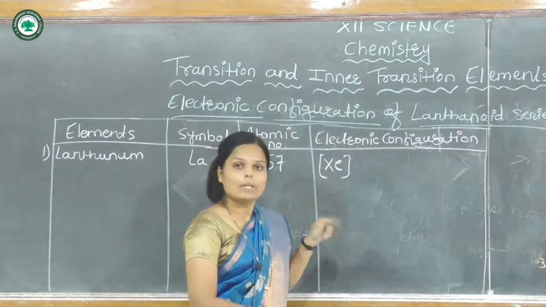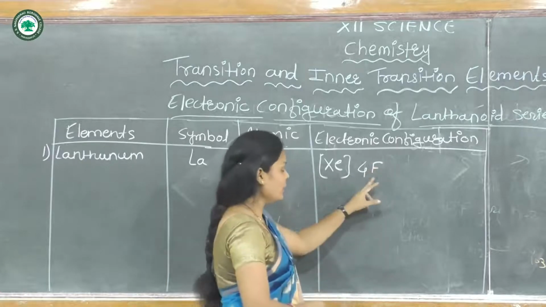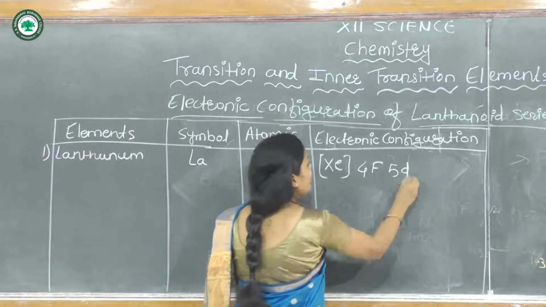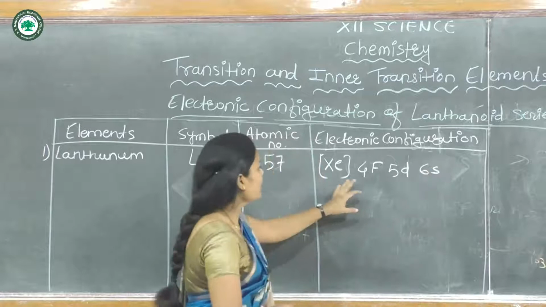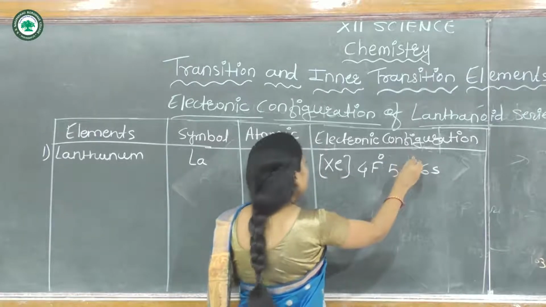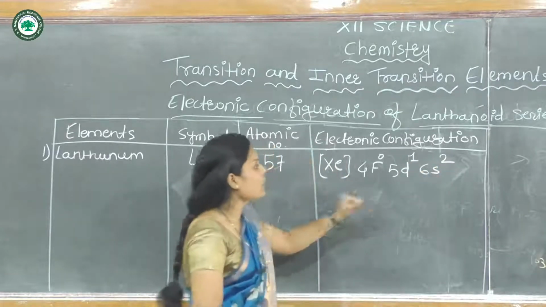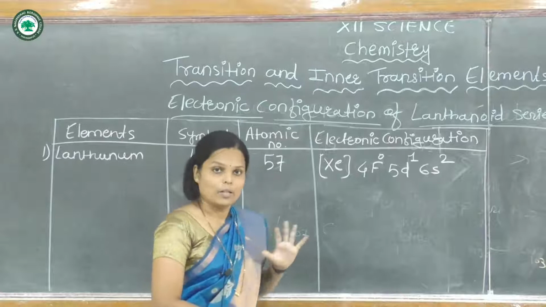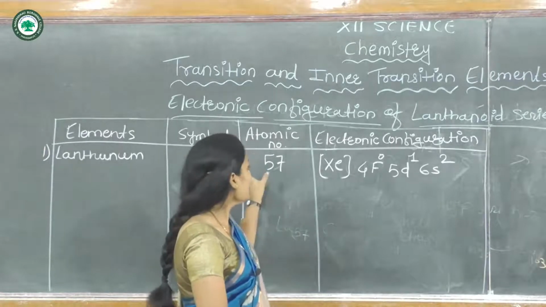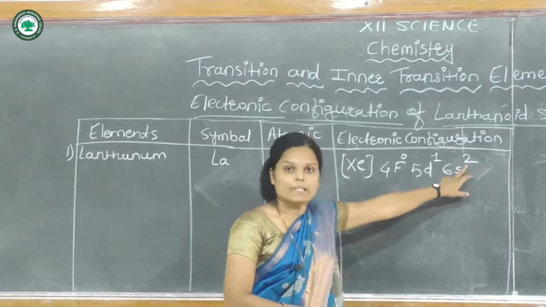Xenon, its atomic number is 54. Then we can easily write down 4f, 5d and 6s. Here 4f is 0, then 5d 1 and 6s 2. Then we can calculate the electrons. The number of electrons present in lanthanum is 1 plus 2, meaning 3 electrons.